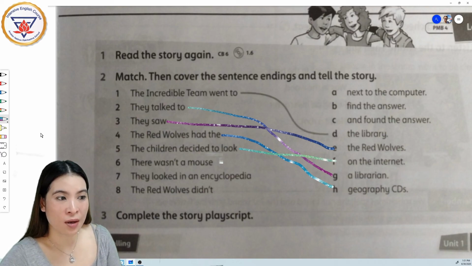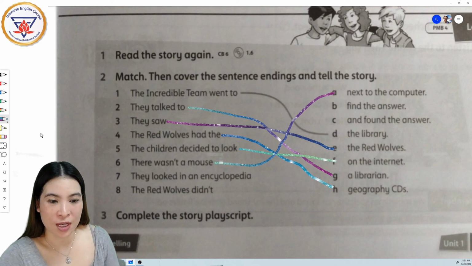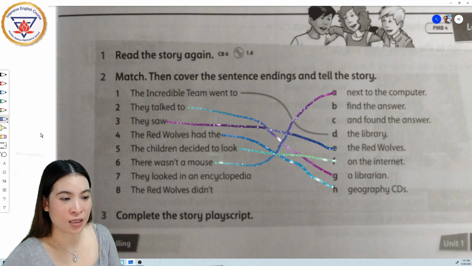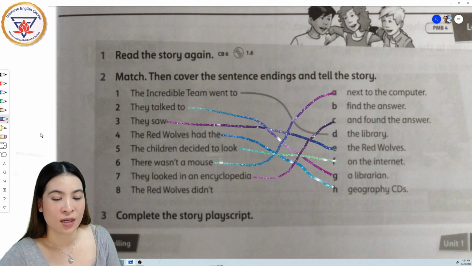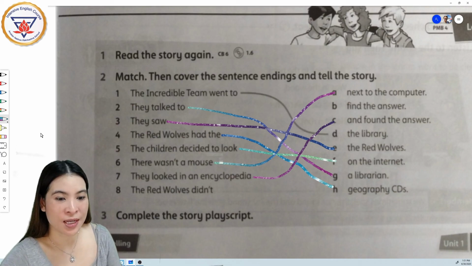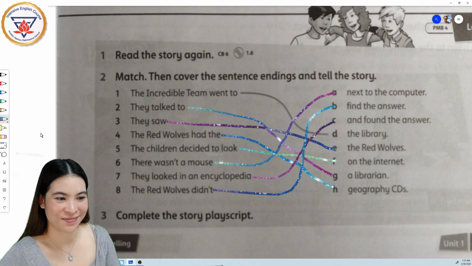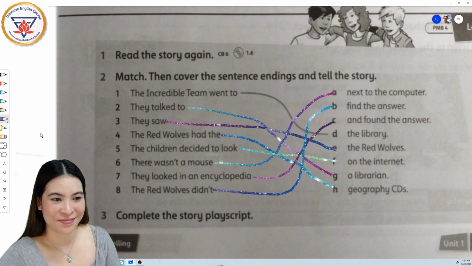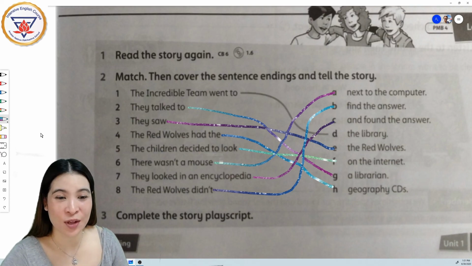There wasn't a mouse next to the computer. They looked in an encyclopedia and found the answer. The last one, the red wolves didn't find the answer. Do you understand? Can you follow it through?